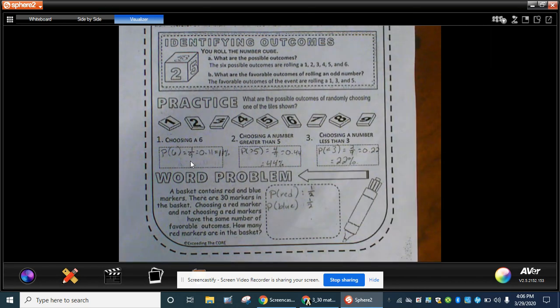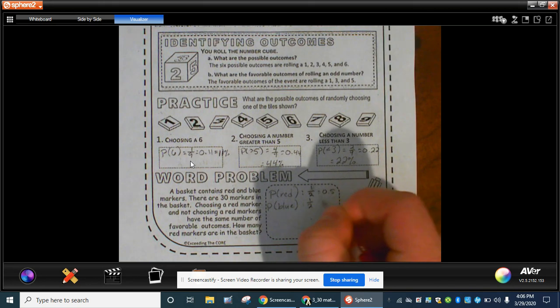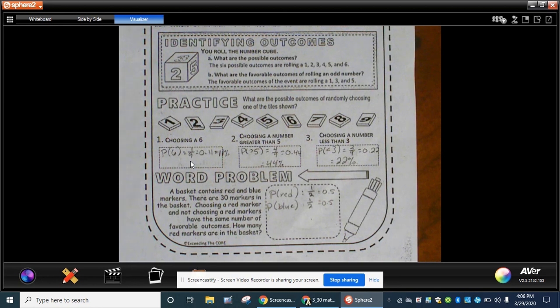So if there's a 50% chance of choosing a red marker and a 50% chance of choosing a blue marker, how many of those are going to be there? Well, it's just half of 30. 30 markers total. Half of those are blue, half of those are red.